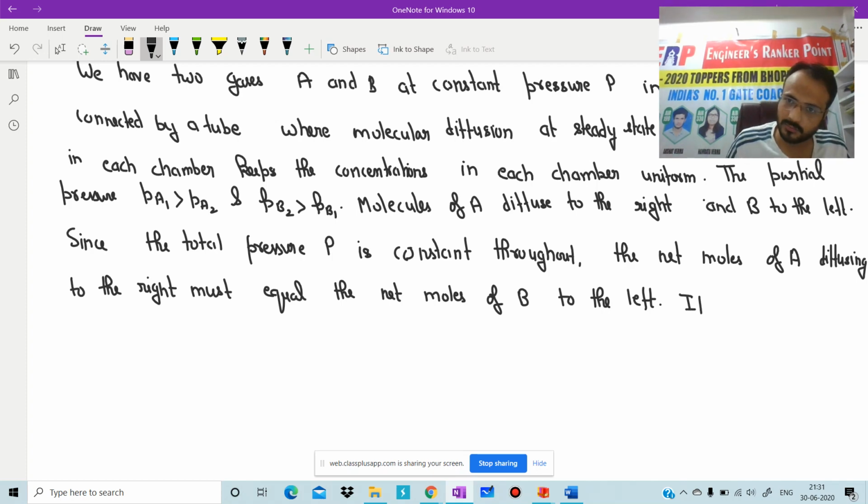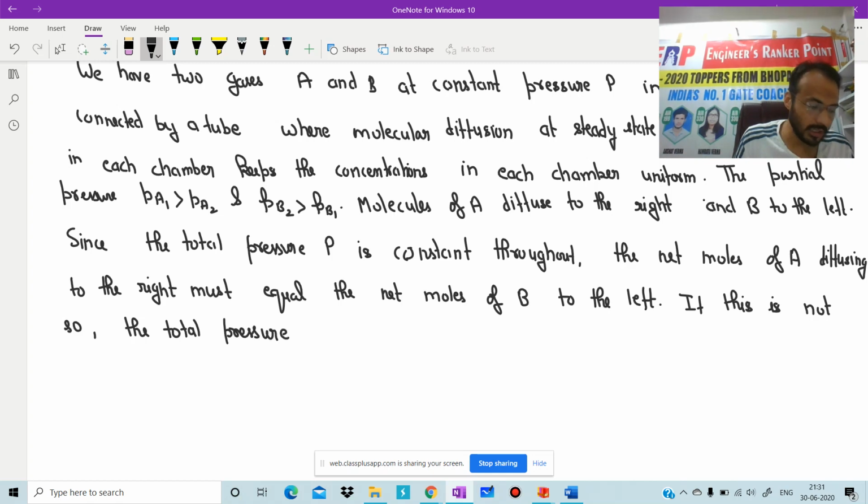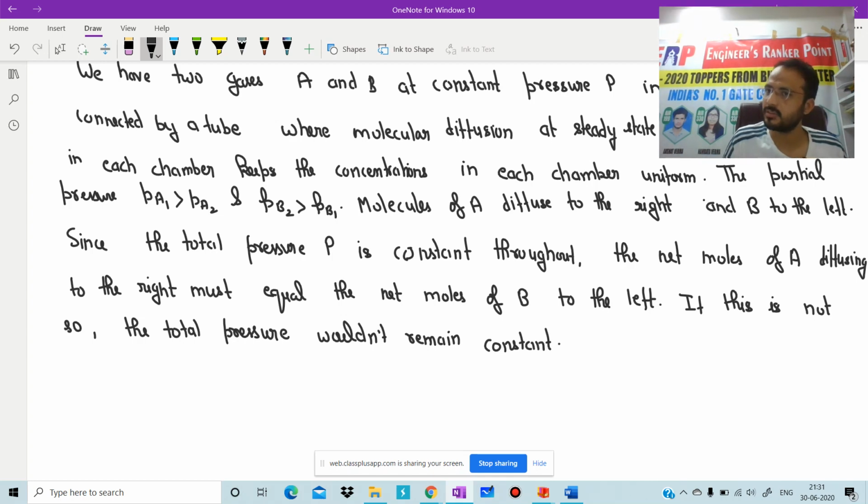If this is not so, the total pressure would not remain constant. I hope up to this point there should be no doubt. Is it clear? Yes or no? Very good.